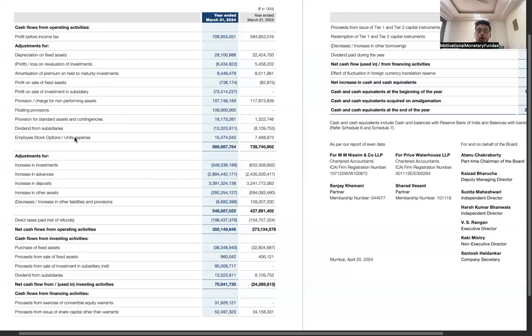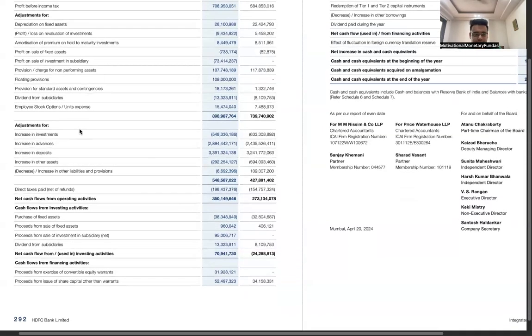Right? You might have the dividend from subsidiaries. HDFC might be having different subsidiaries, right? HDFC, Ergo, XYZ, right? So those subsidiaries or those companies might also be paying dividends to HDFC Bank. You might have employee stock option plans.